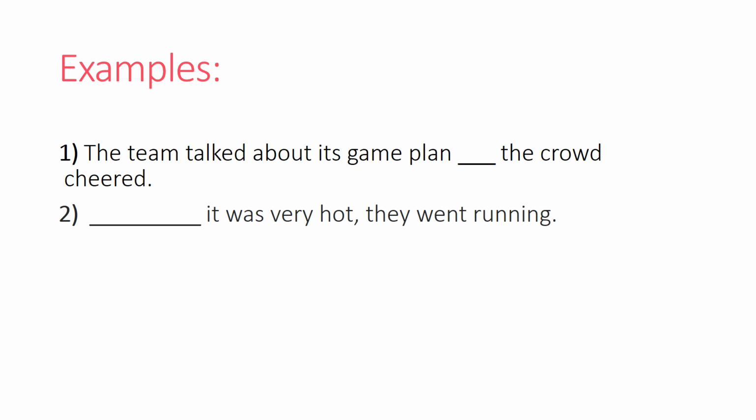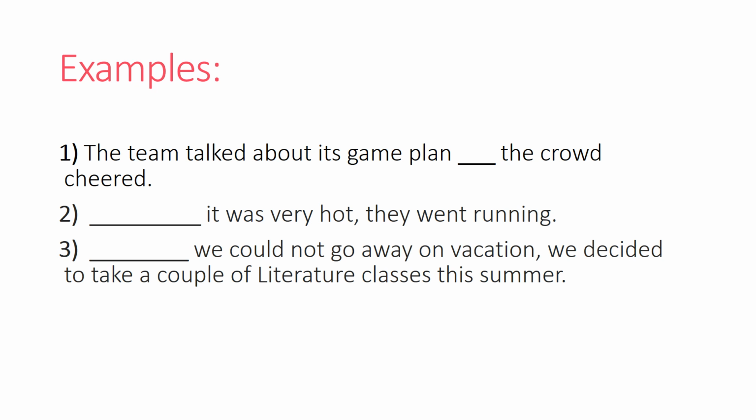Remember, if you use but, then you are coordinating the two sentences. So that's a coordinating conjunction. Here, you want to emphasize a main point, and the main clause here is they went running. So if that's the main clause, the other clause will become now a subordinate clause. So what can we use now? So you can say, although it was very hot, they went running.